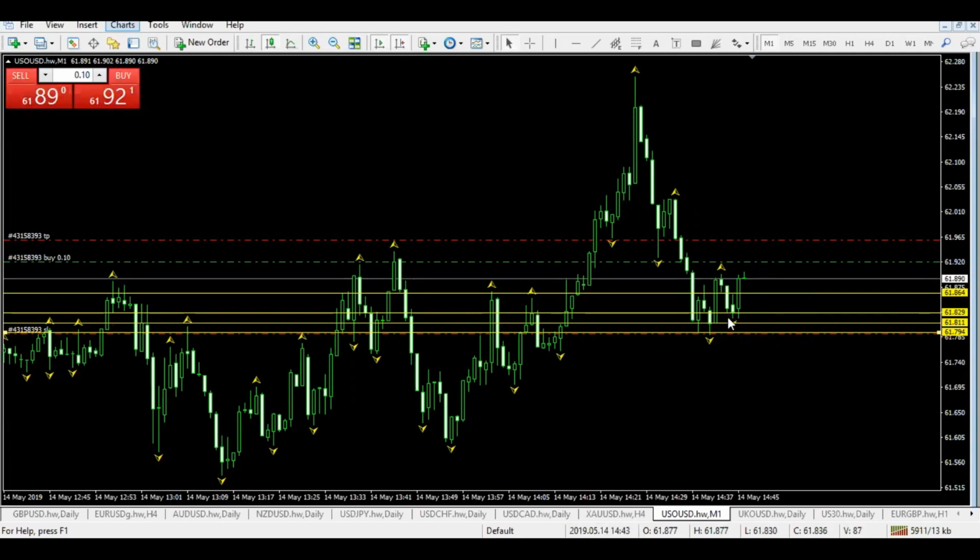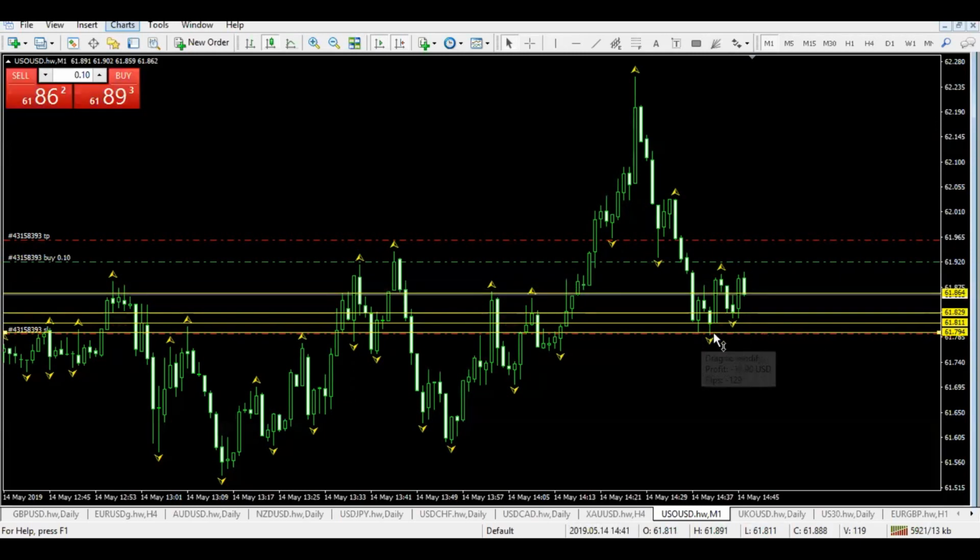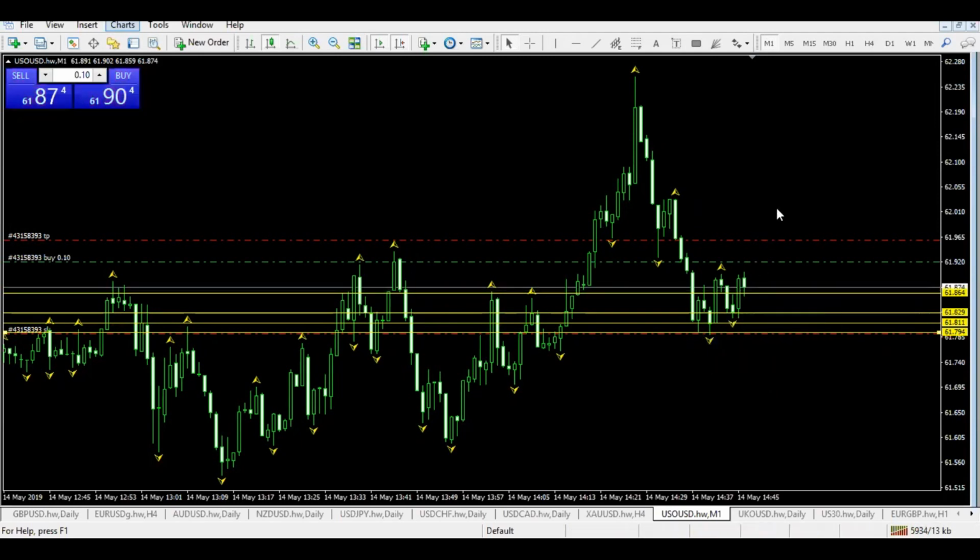Here it will make you another high. And stop loss 1 and stop loss 2 on the center. It's a central high here. Until this high has opened, your analysis is valid.